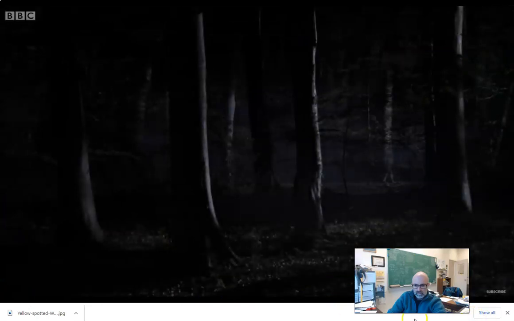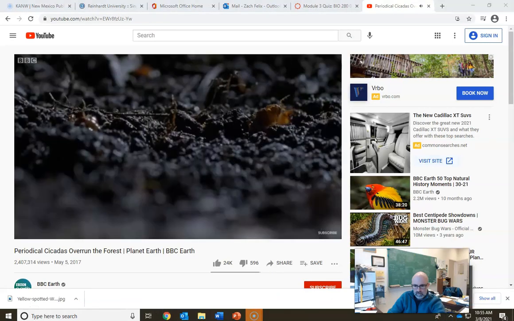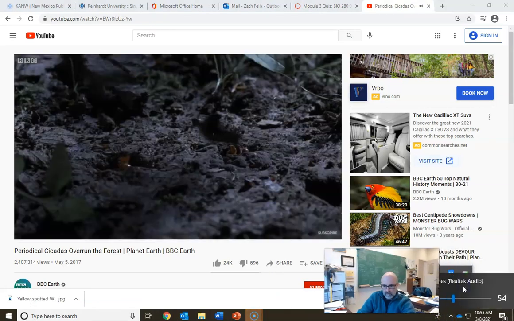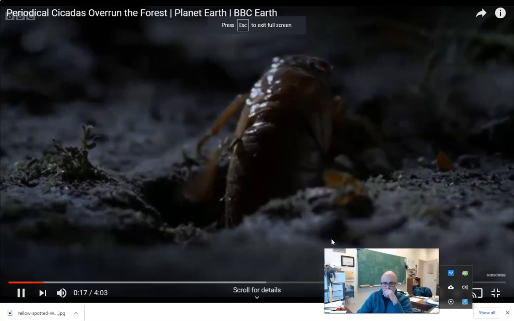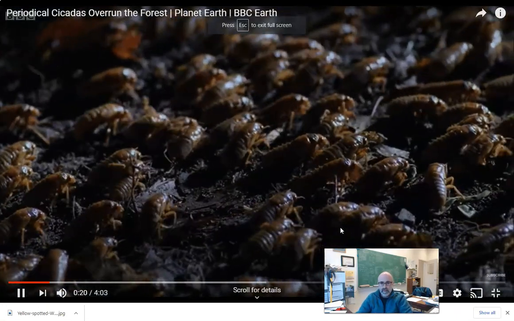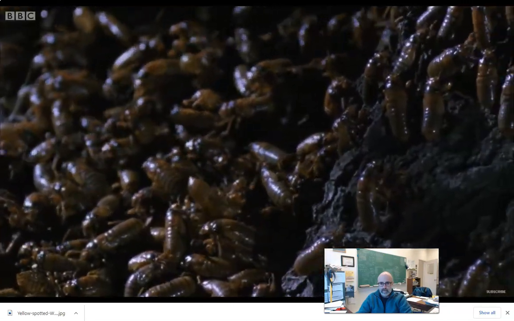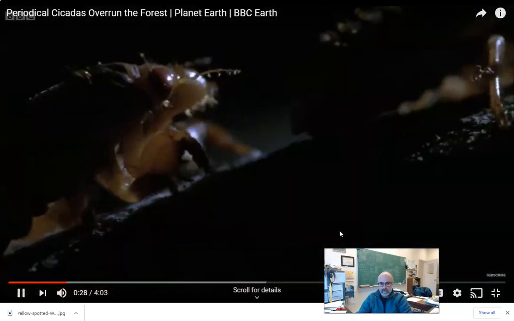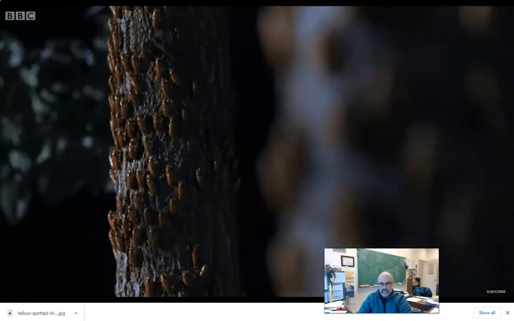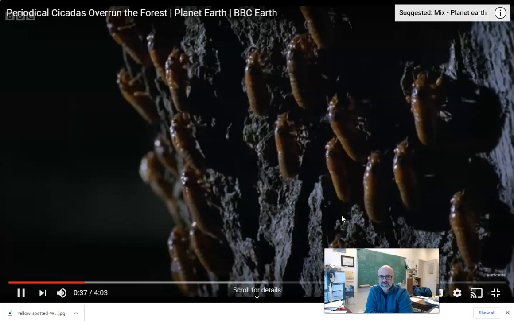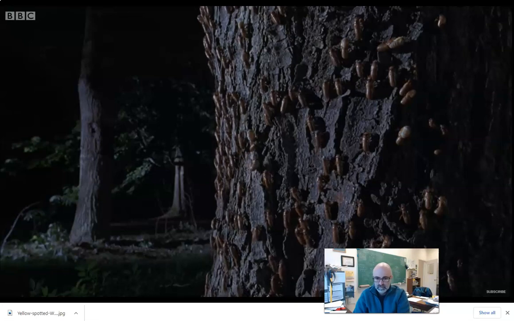After 70 years underground, creatures are stirring. The nymphs of the periodical cicada have been biding their time. Now they march like zombies towards the nearest tree and start the climb. At first, there are merely thousands, but soon more than 1 billion swarm all over the forest. The biggest insect emergence on the planet is underway.